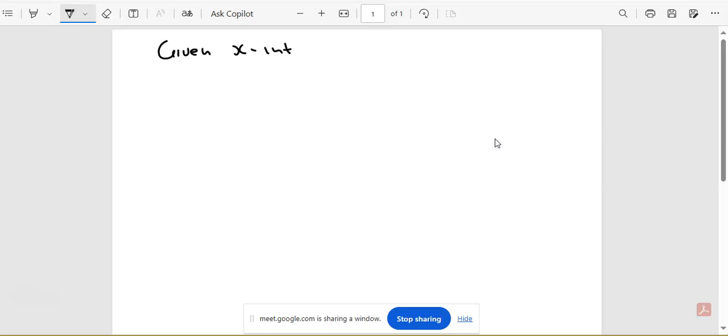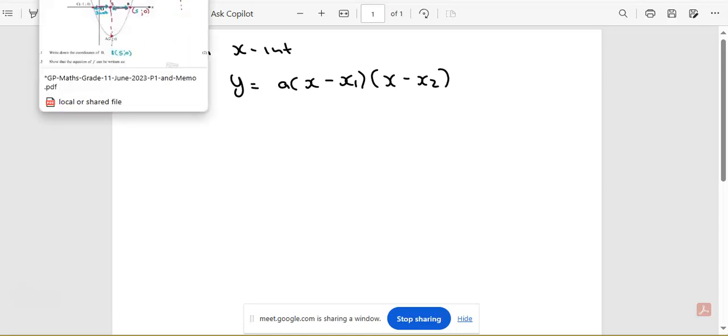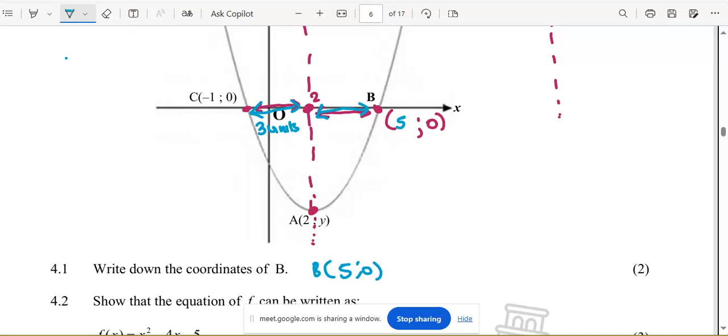y equals a into x minus the first x coordinate of your x-intercept. Then the other bracket, you're going to minus the second x coordinate of your x-intercept. So let's go back and find our x1 and x2. Remember, this will be my x1, then I can call this my x2.